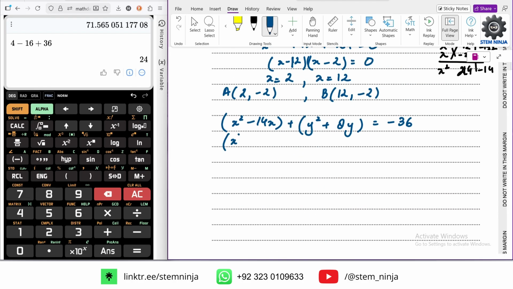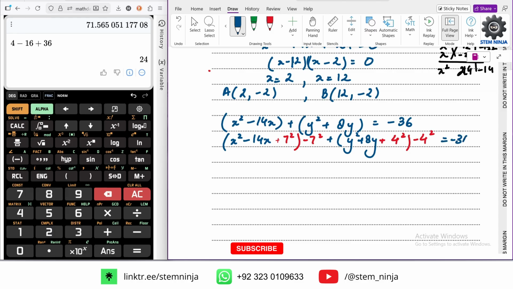This would be x squared minus 14x, 14 divided by 2 is 7, so 7 squared minus 7 squared, plus y squared plus 8y, 8 divided by 2 is 4, minus 4 squared, minus 36.